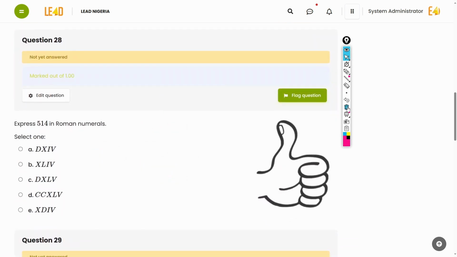Next question, express 514 in Roman numerals. We split it up in expanded form. It is 500 plus 10 plus 4. This is D plus X plus IV. So it's DXIV.